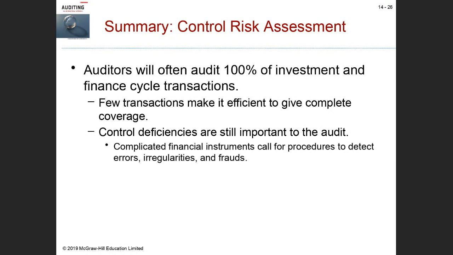Few transactions make it efficient to give complete coverage. Right? Because in most companies, there's probably only 1, 2, 3 transactions that occur during the whole year. So it's much more efficient just to audit those transactions 100% because they are few in number and because they are individually material, right? You can reduce the risk of improper reporting by auditing each transaction 100%.